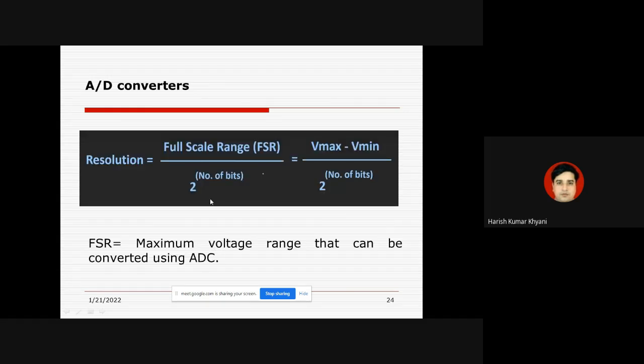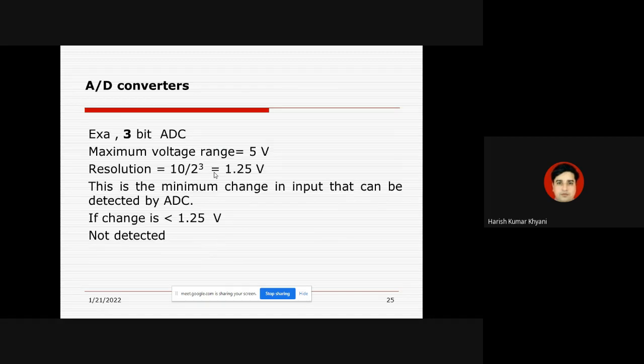The resolution is also defined in terms of full scale range, right? And it is given by a ratio: full scale range, meaning the maximum voltage range which you have to convert into digital, divided by 2 to the power number of bits, meaning your resolution. Let us understand this further. Suppose you have an A to D converter which is 3-bit, okay, and our maximum voltage range that is to be converted into digital is 5 volt.